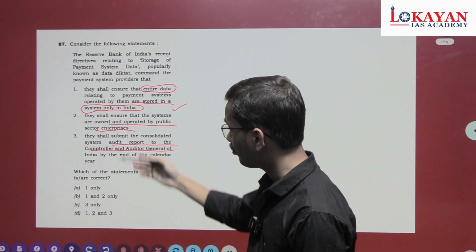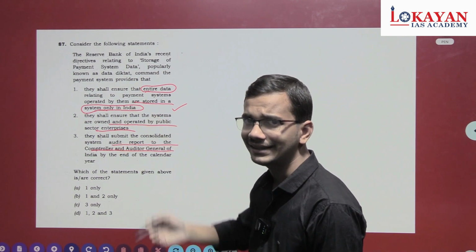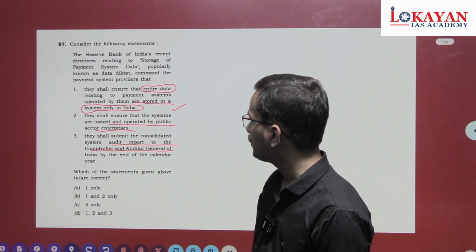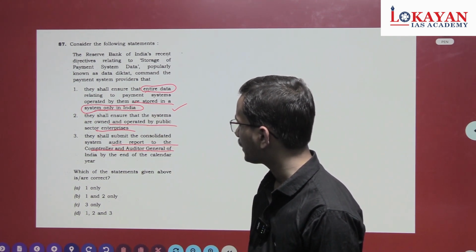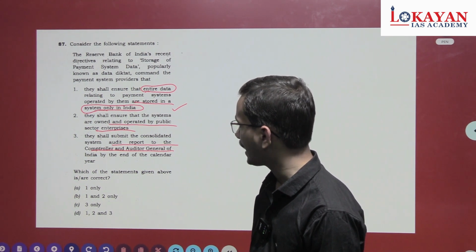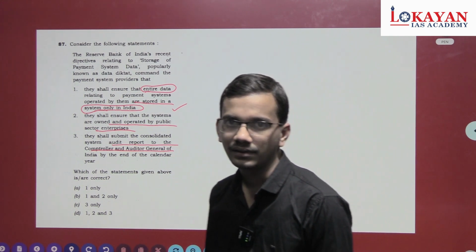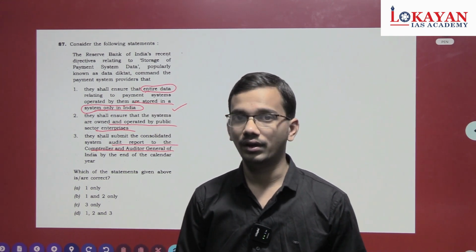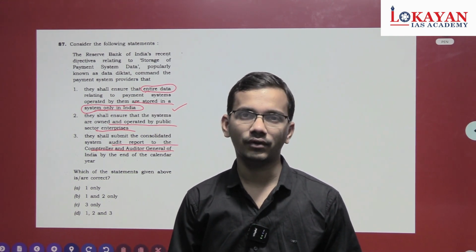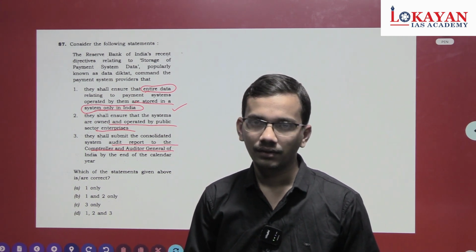Now, before going to the second statement, let's discuss the third one. They shall submit the consolidated system audit report to the CAG by the end of the calendar year. Is it possible? Just think about what the duties of the CAG are. What is the constitutional mandate?